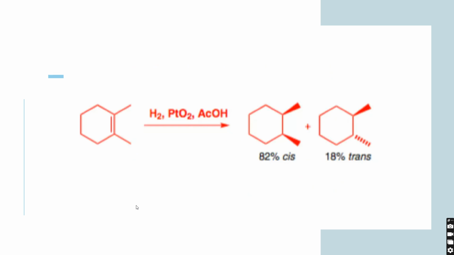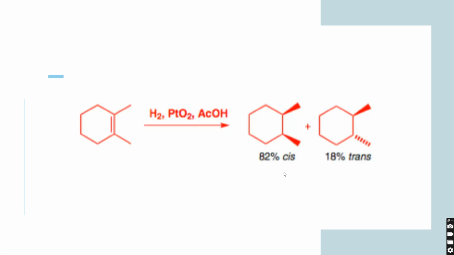Then we have this reaction from the topic Adams catalyst, where hydrogenation of this carbon-carbon double bond is taking place in presence of hydrogen and platinum oxide to give us higher amount of cis hydrogenation product.